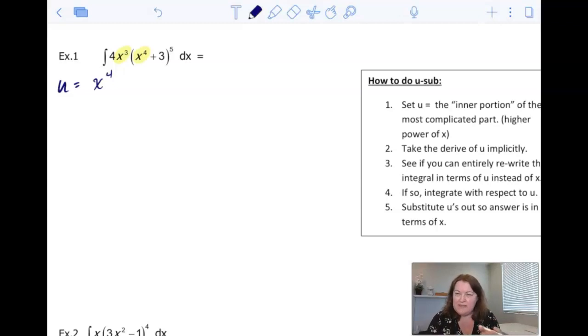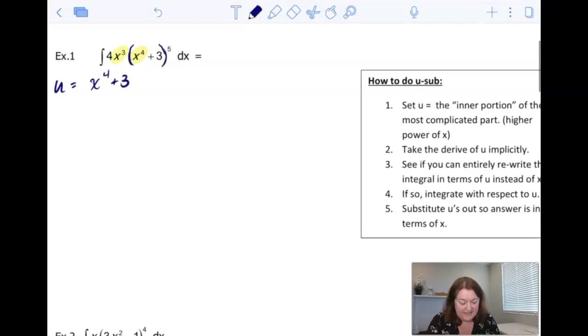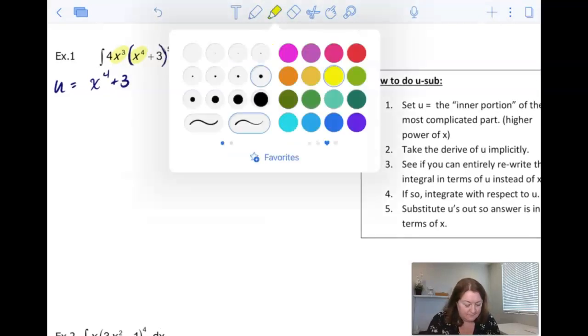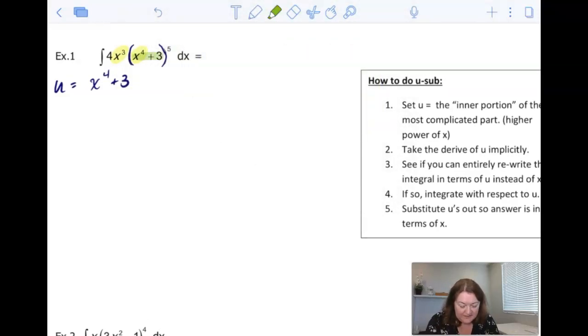If I can take more than the x to the fourth along with me, I want to do that, but not so much that its derivative is no longer just going to be 4x to the third, the smaller power. I think I could still get away with taking this entire grouping symbol and setting it equal to U. We're going to try that first. So there is my U substitution. I have now said that I want all of this to be equal to U.